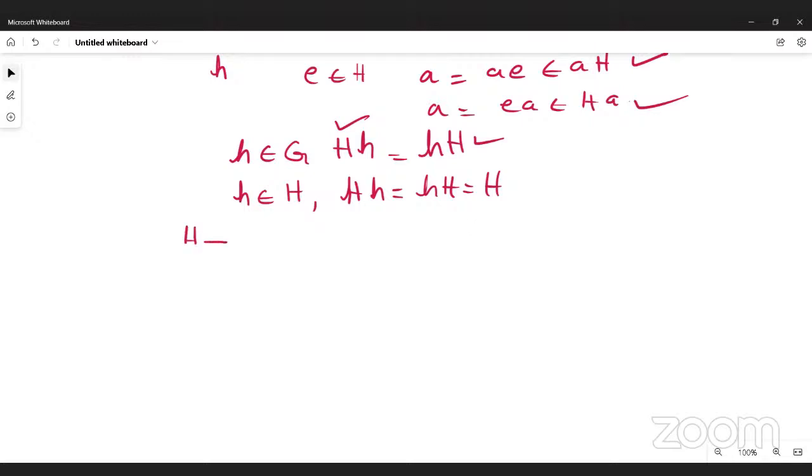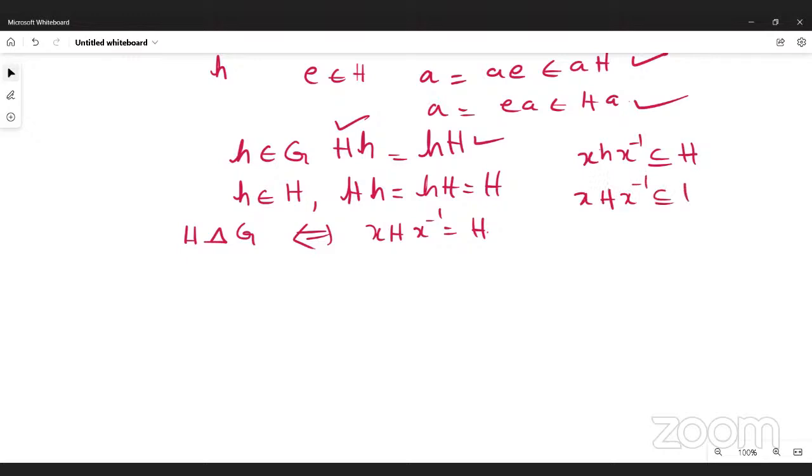Suppose H is a normal subgroup of G if and only if x H x inverse is equal to H. Because whenever you are saying that x H x inverse is a subset of H, this happens for every x belongs to G. For every x belongs to G, if x H x inverse is equal to H, or we say, what do you mean?